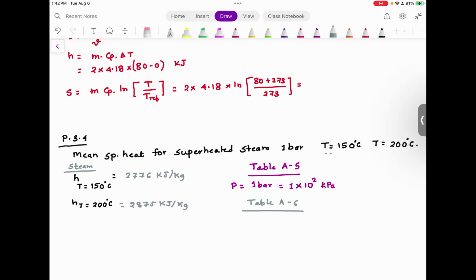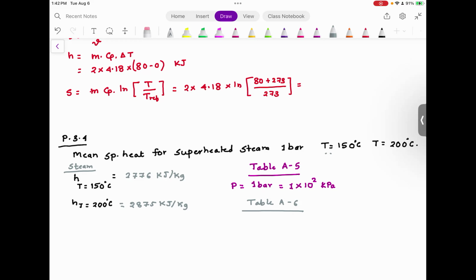Okay. Now, can you read the Mollier diagram? On the y-axis you have enthalpy, and on the x-axis you have entropy. Now, just like the last diagram, can you find the pressure lines?